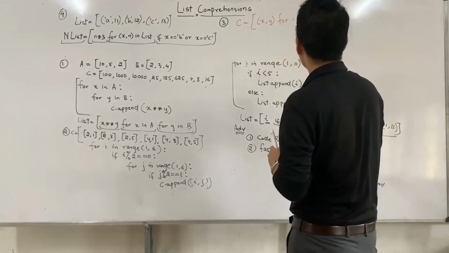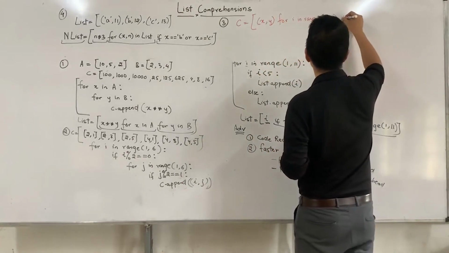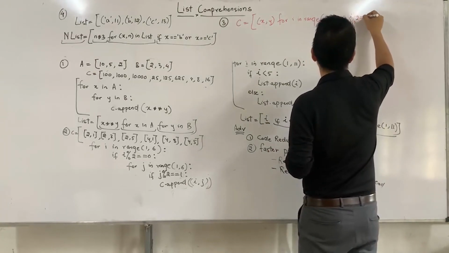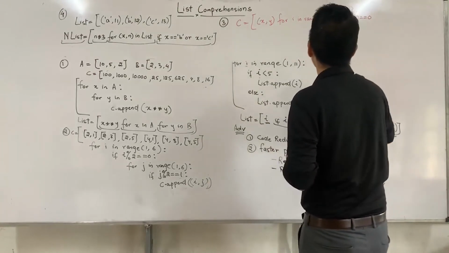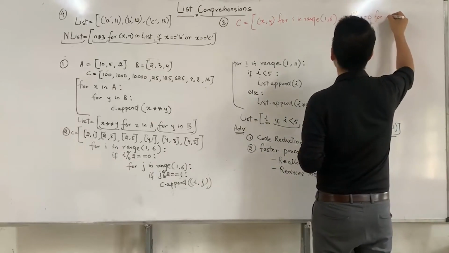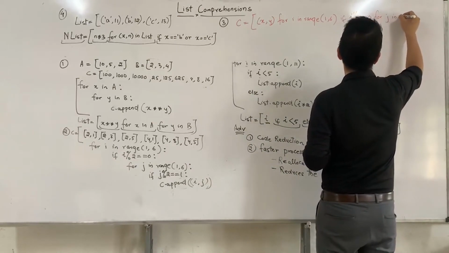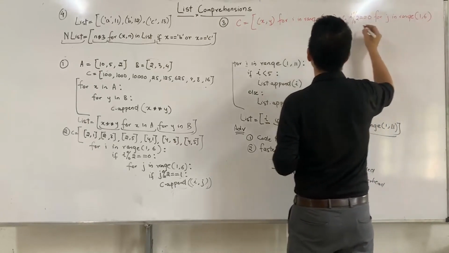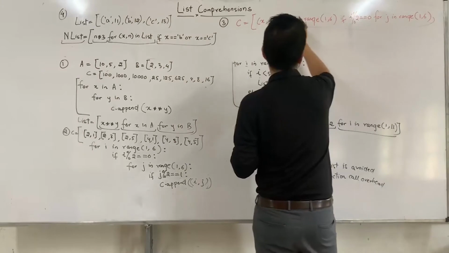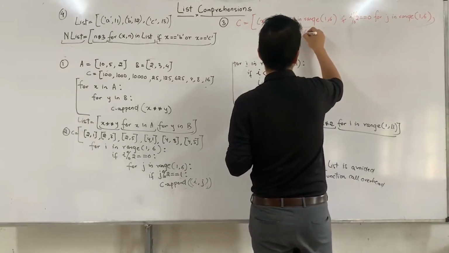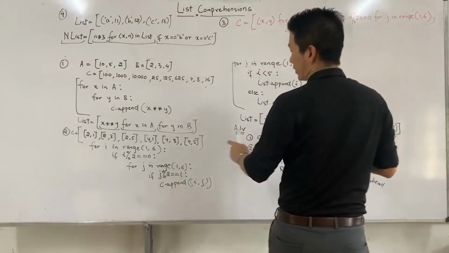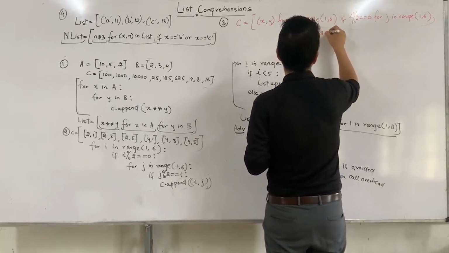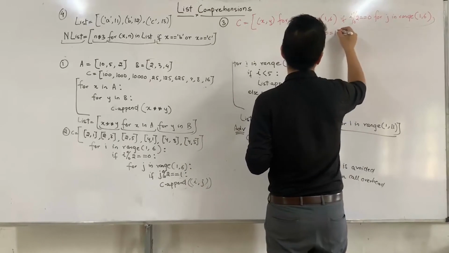Okay? And then comes the condition. If i modulus 2 is equal to 0. And then you have the next loop here, for j in range of 1 comma 6. And then finally you will have the condition associated with the j loop. If j modulus 2 is equal to 1.